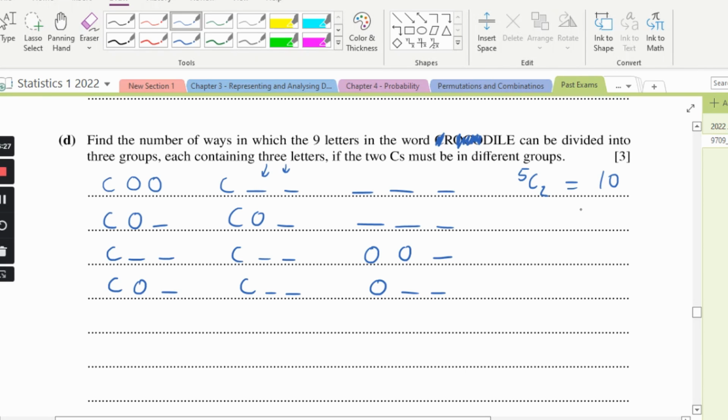Now the next one's a little bit more tricksy. You're going to go 5 choose 1. So you can put 1 in there, and then the next one is 4 choose 1. But then you're going to divide that by 2. Why am I dividing it by 2?